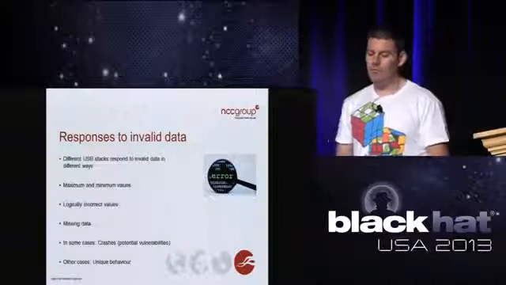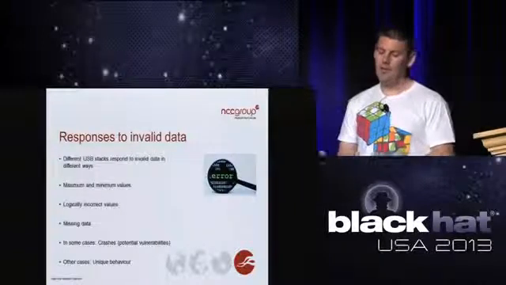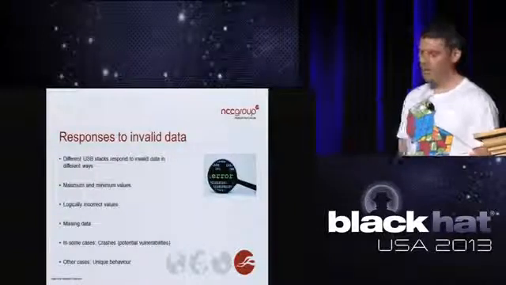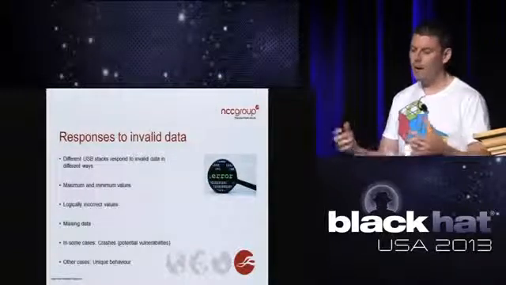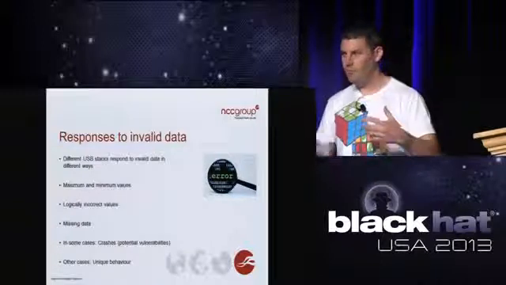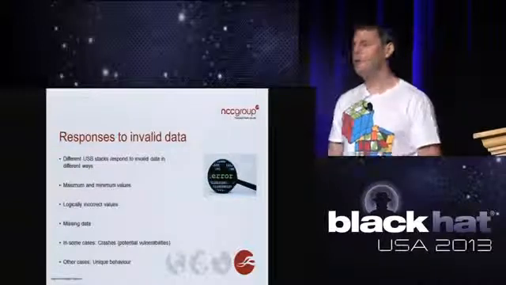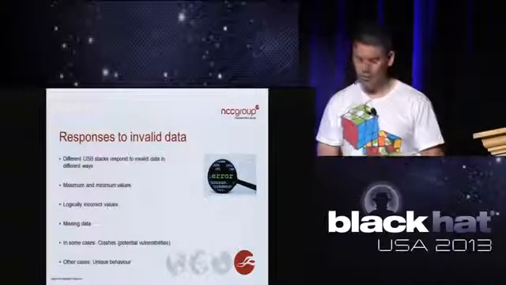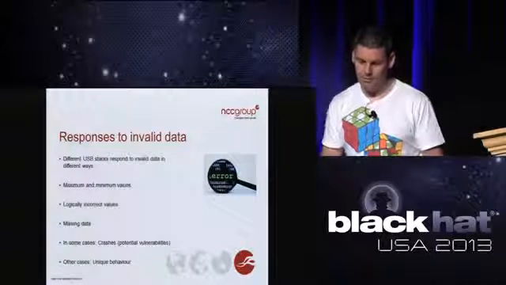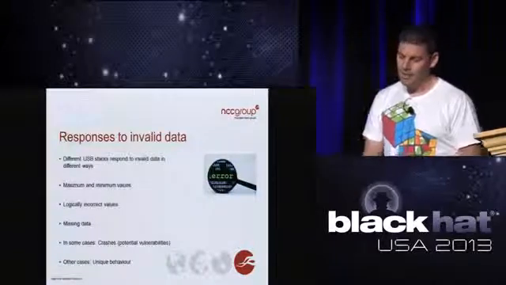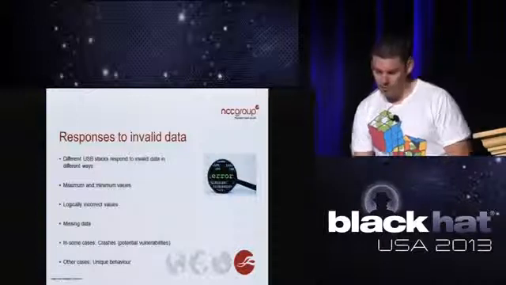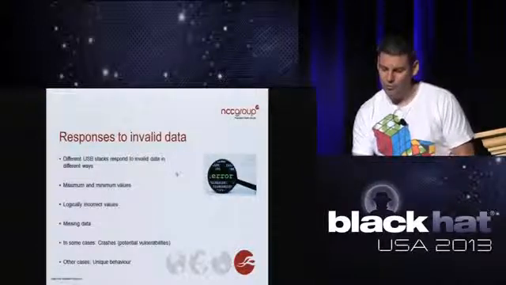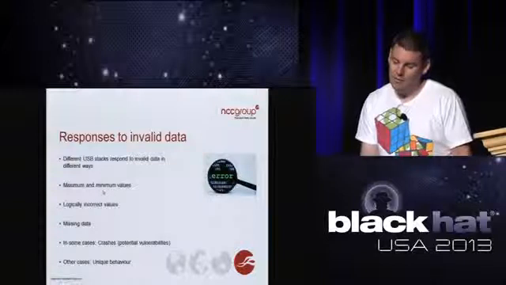Now, responses to invalid data. This can be used as part of our enumeration and fingerprinting, but also can be used for fuzzing to try and identify bugs within the parsing of this data. But what I've seen is different host implementations respond to invalid data in different ways.